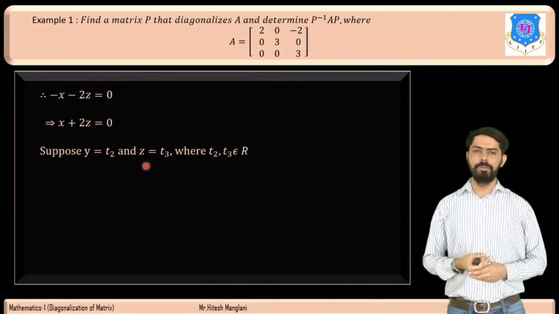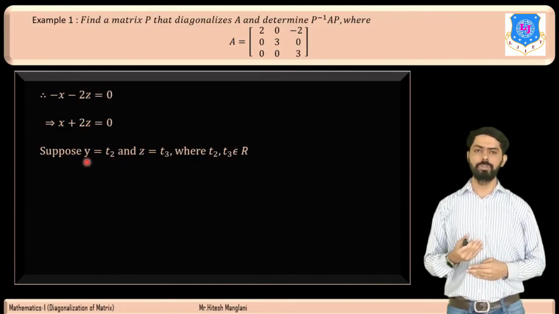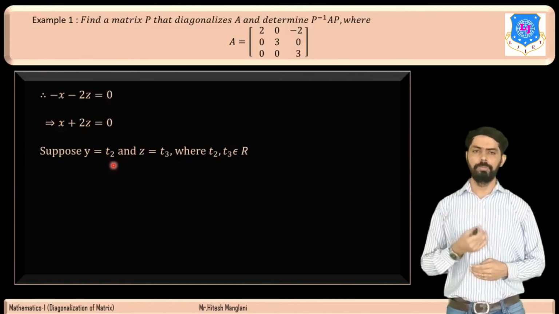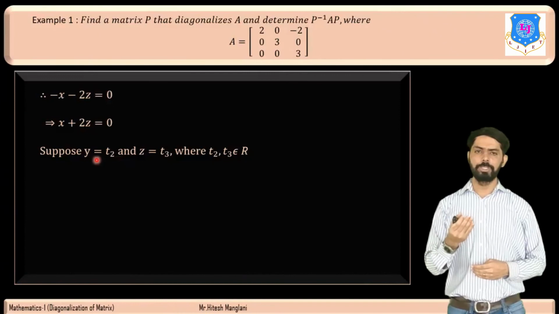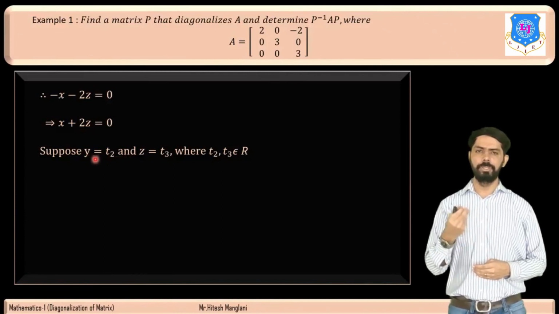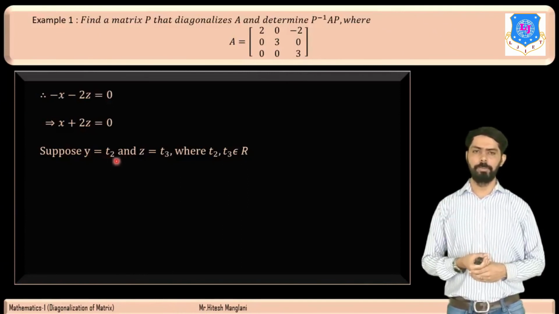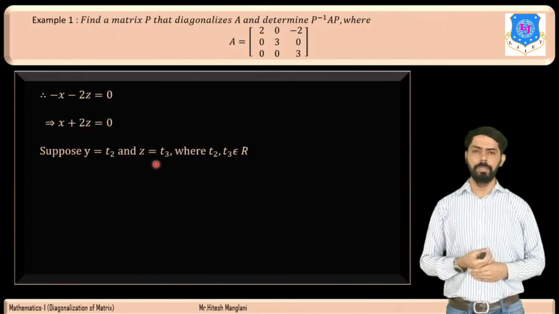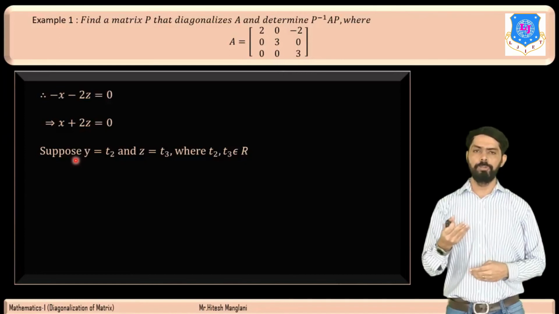As you can see, we have obtained only one equation and the variables are 3. The number of variables minus the number of equations gives us the number of free variables. So here 3 minus 1 is 2, so there will be 2 free variables.